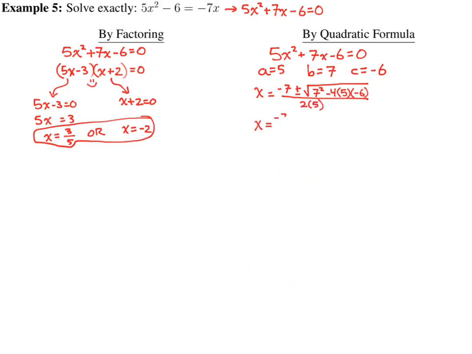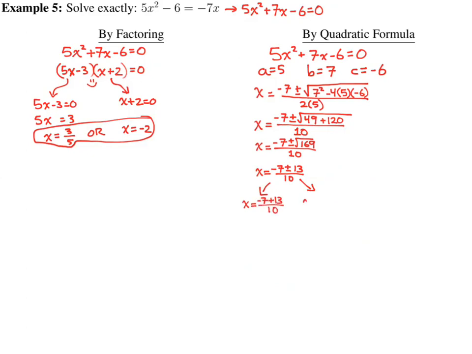So x equals negative 7 plus or minus the square root of 49 plus 120, all over 10. Negative 7 plus or minus the square root of 169 over 10. Good news, the square root of 169 is a nice number. So we're talking about negative 7 plus or minus 13 over 10. Now we can break that bad boy into two versions.